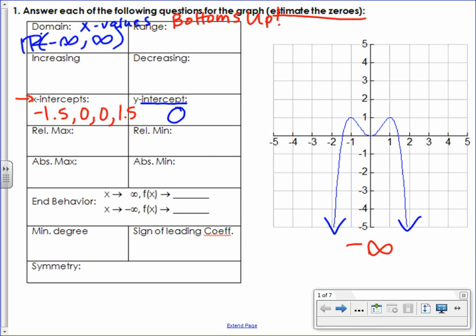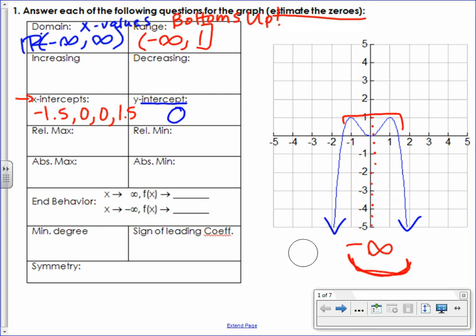So my range is going to be coming up from negative infinity, up, up, up, all the way up until I get to the highest point on the y-axis, the point where it never gets higher than, it never gets taller than positive 1. So my range for that graph is going to be from negative infinity to positive 1. Lock it in. All right.